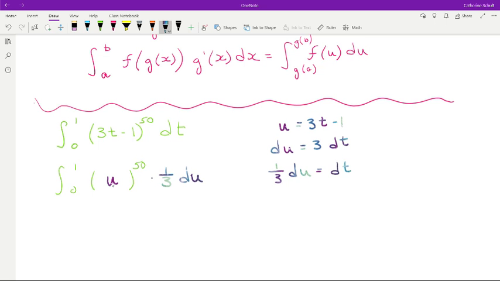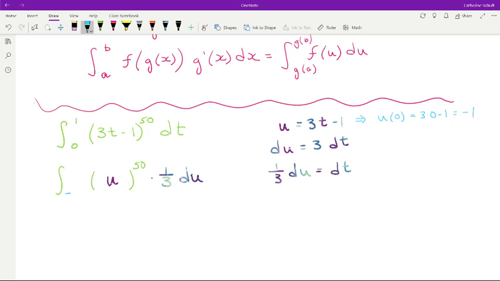Okay, and so now we have everything in terms of u, but this 0 and this 1 was for what t was. So I'm going to erase that. And what we're going to do instead is let's go back up to 3t minus 1. Well, when we plug in a 0, 3t minus 1 becomes negative 1.